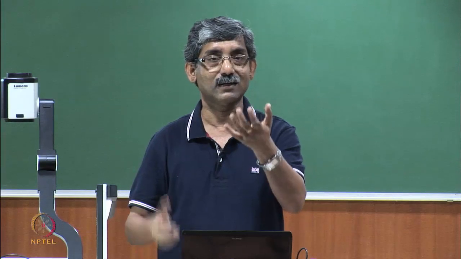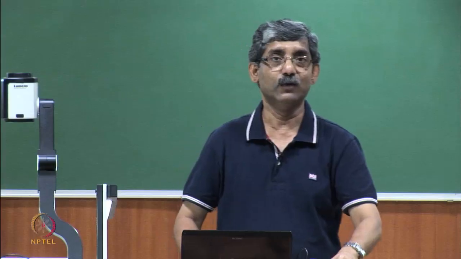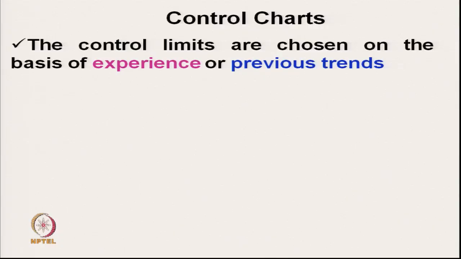That is the limitation. If we try to achieve better than that, it is not possible. That is why, based on experience and previous trends, we have to select the limits.